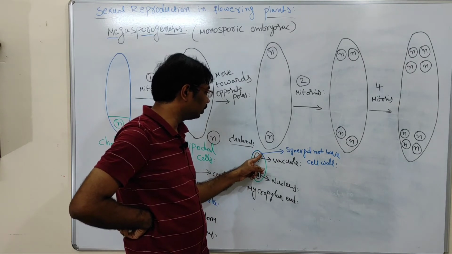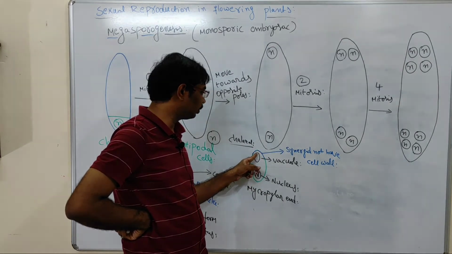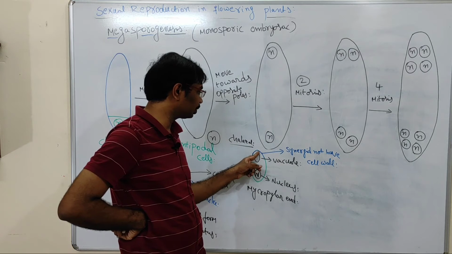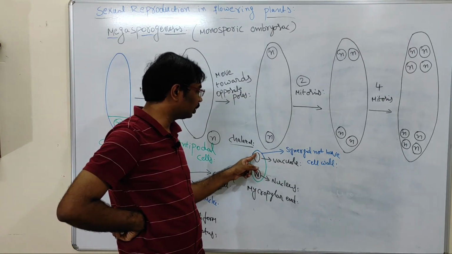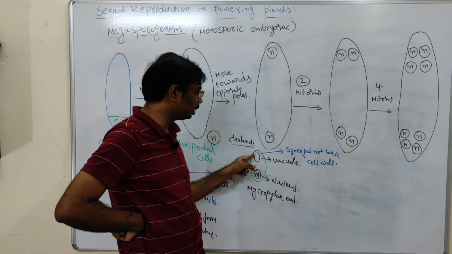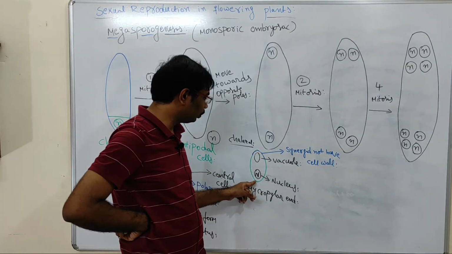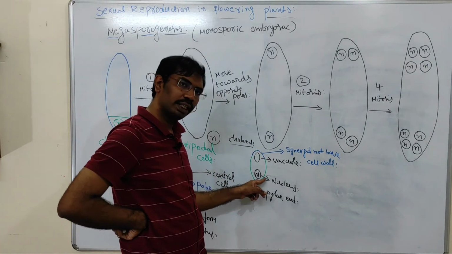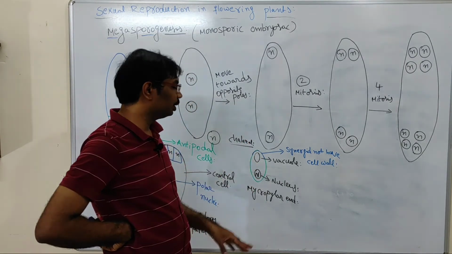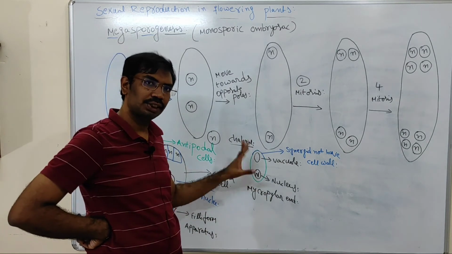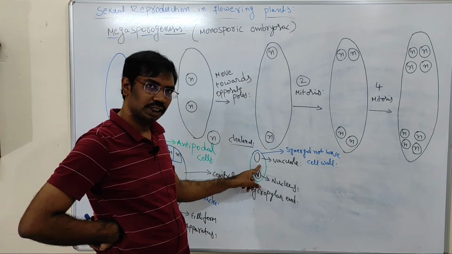In which location is the cell wall absent? Towards the chalazal end, the synergid does not have a cell wall, but towards the micropylar end, it has a cell wall. So this is the structural aspect of the synergid cells.